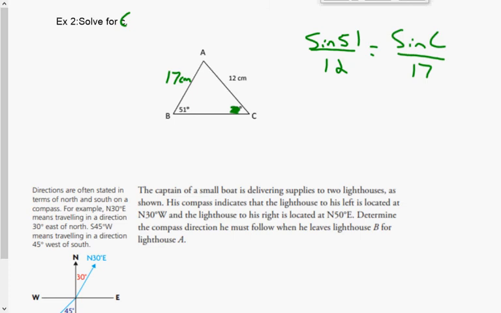Now, I told you guys cross multiply, right? So then it would be 17 sine 51 over 12 sine C. Then I've got to get sine C by itself, so I divide by 12.